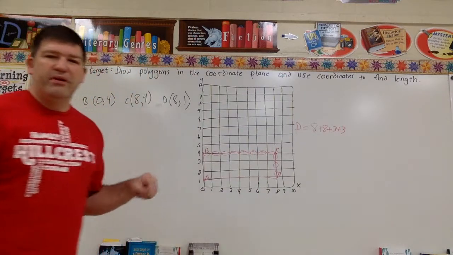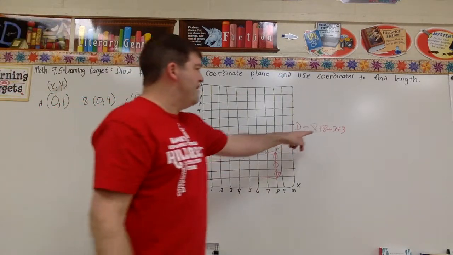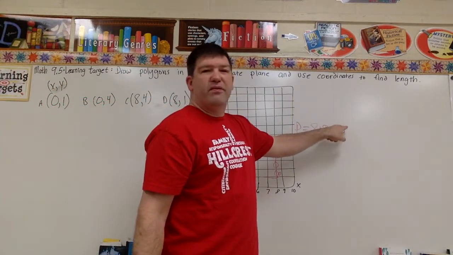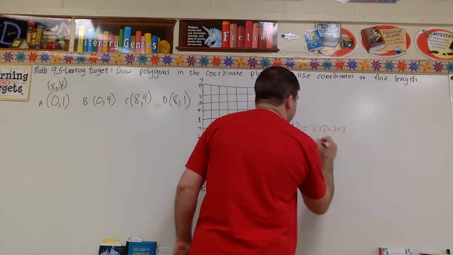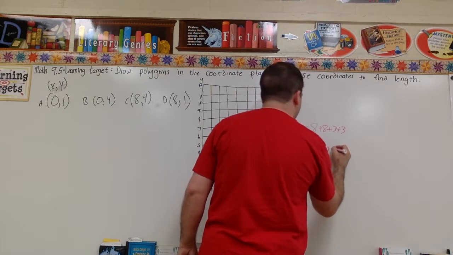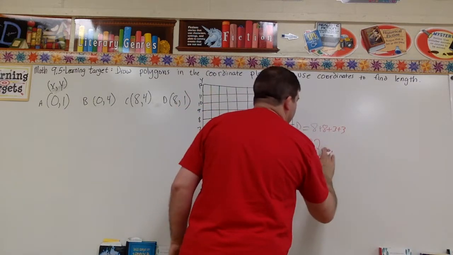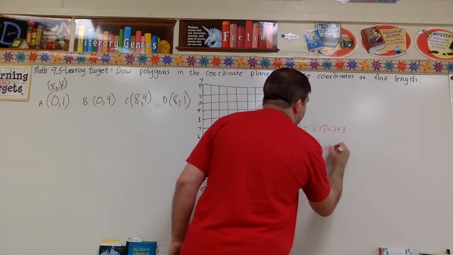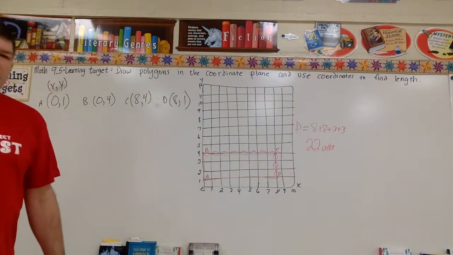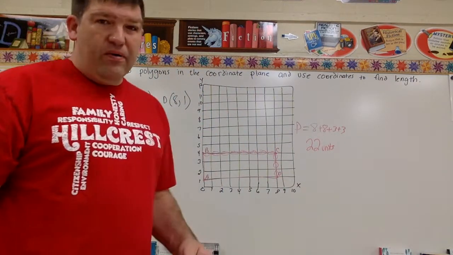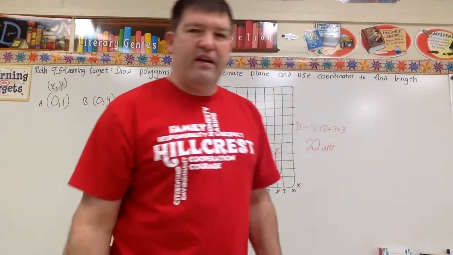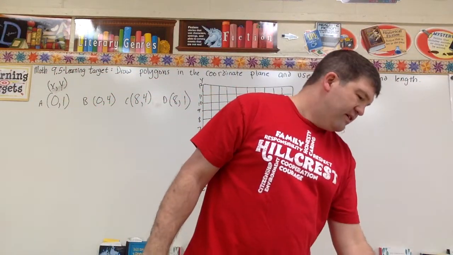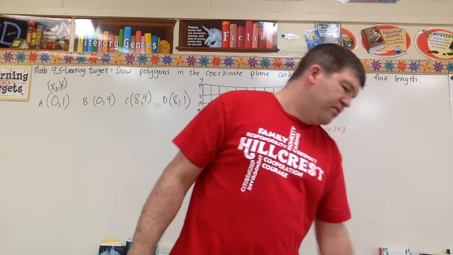So my perimeter is 8 plus 8 is 16, 17, 18, 19, 20, 21, 22, or 22 units.